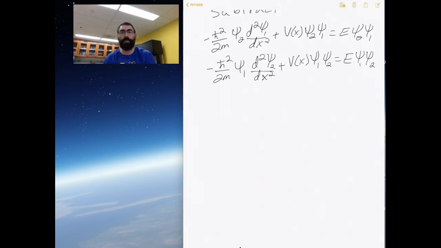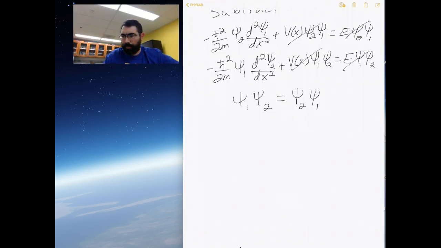Okay, so now I want to subtract those two equations. Now remember that psi1 times psi2 is the same thing as psi2 times psi1. So in that case, when we subtract them, we're going to eliminate the potential energy term, and we're going to subtract off the total energy term.